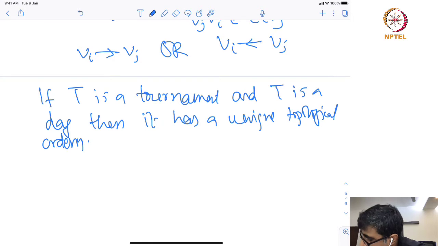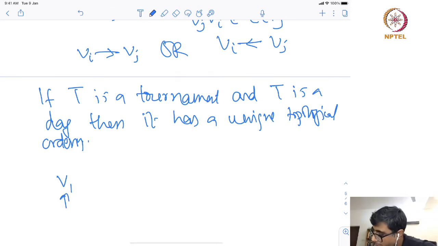Why? Because the first vertex has to be the source vertex of T. This vertex has an arc to every other vertex, and the arc direction is fixed because no one comes into it, everyone only leaves it. So the first vertex is the unique vertex of out degree n minus 1.